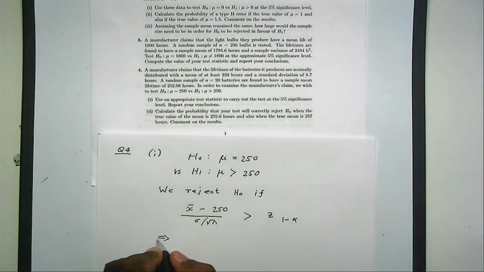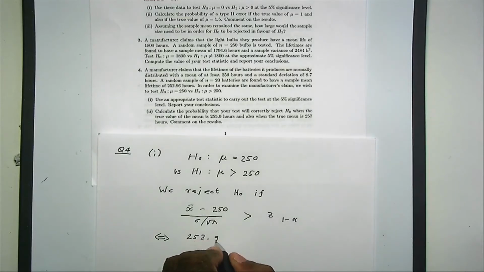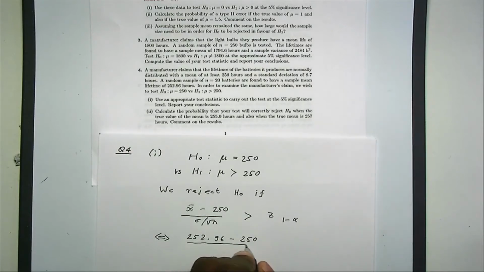X bar is given to us as 252.96, minus 250, divided by sigma, which is 8.7, root 20, greater than z with alpha 5%, so this will be z 0.95.